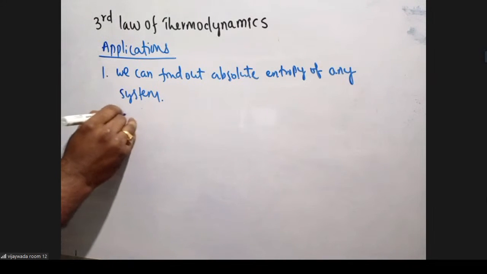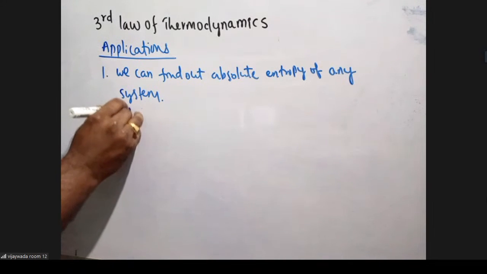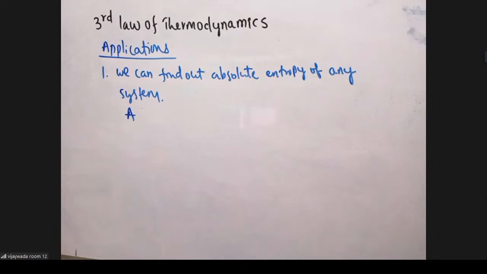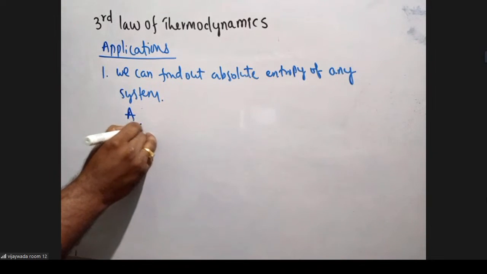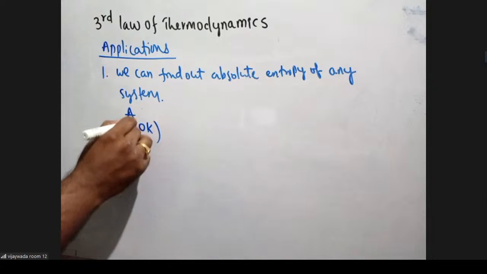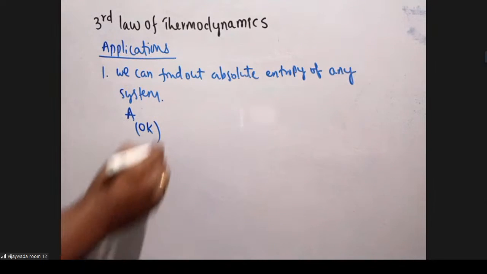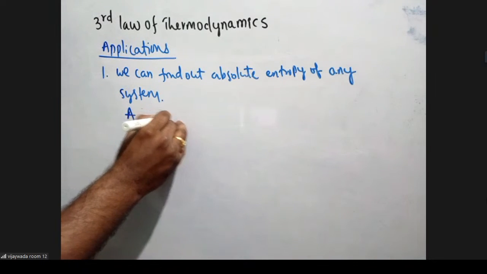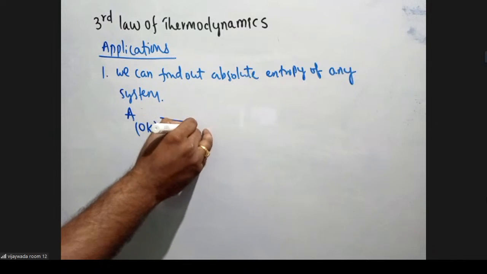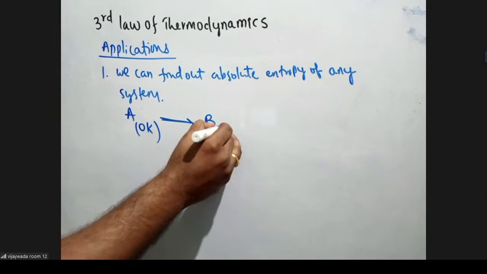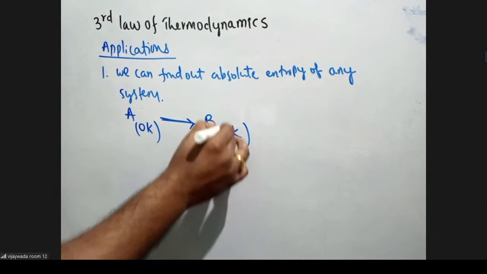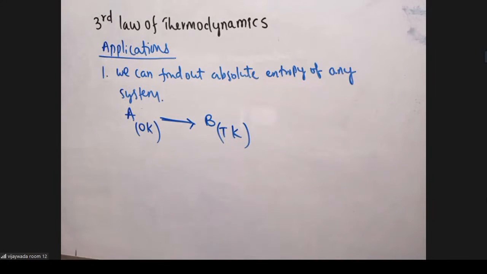Let us consider a system A at 0 Kelvin. If it changes to another state at another temperature T Kelvin, the state is different but the system is the same.